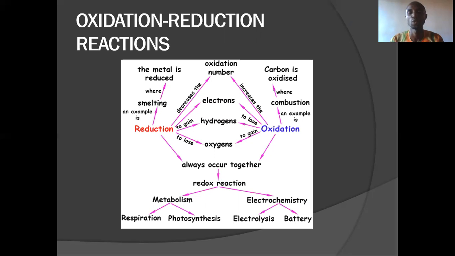So an addition of an electron is also reduction in terms of electron transfer. And finally, when you think of oxidation reaction and reduction reaction in terms of oxidation number, oxidation increases the oxidation number of a particular substance, while reduction decreases it. We will be looking at it one after the other.